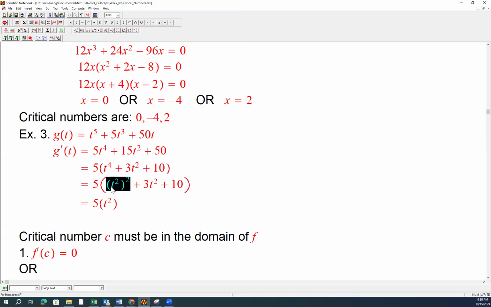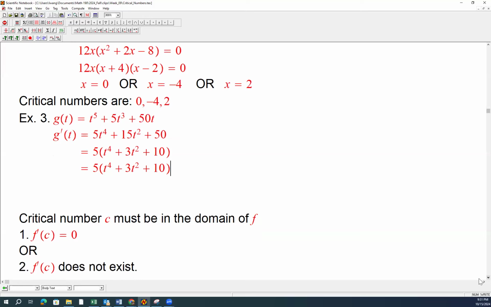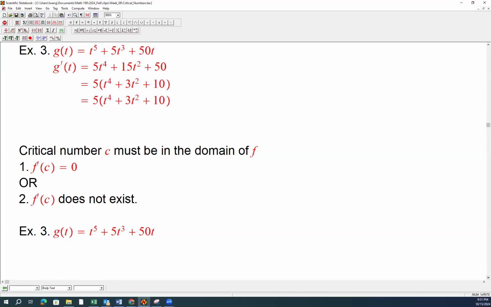Because initially I thought, okay, 10 equals 2 times 5. But we're not going to be able to factor this. But that's not the end of the world, because let's take a second look at this question.